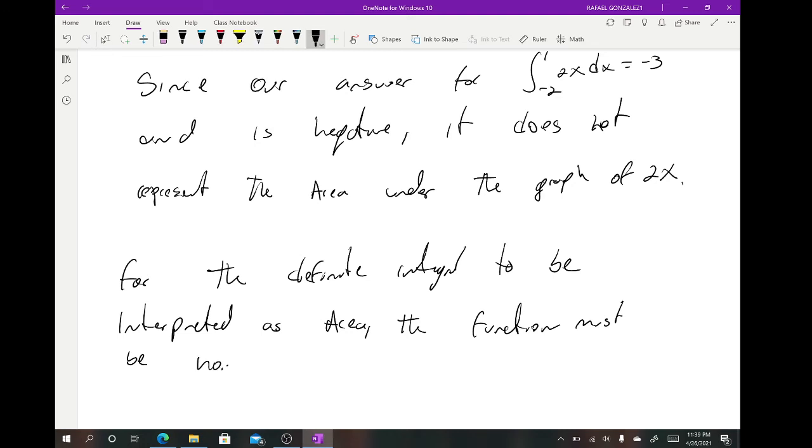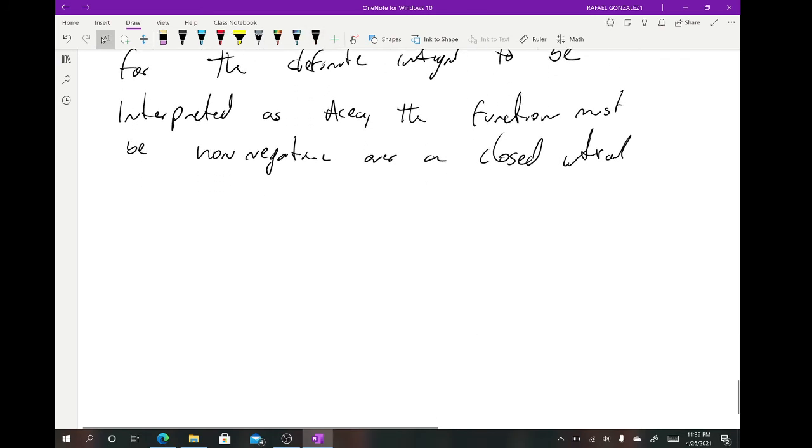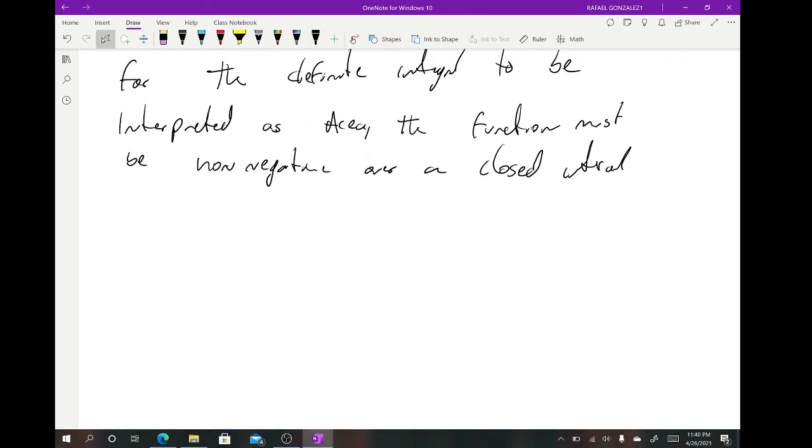Must be non-negative over a closed interval. So let me write down that theorem. It's a very important one as well.